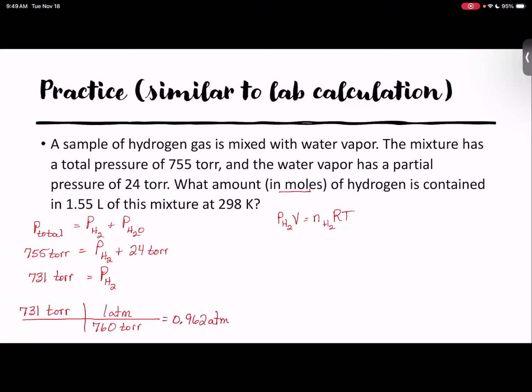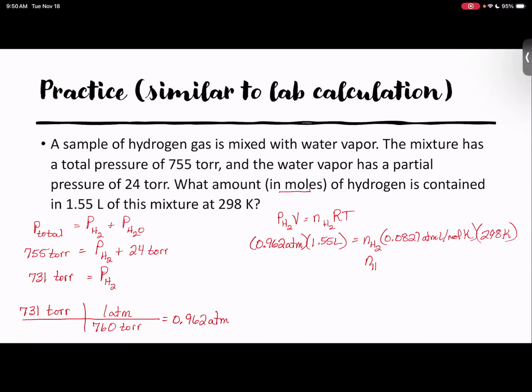I now can use the ideal gas law. My pressure is 0.962 atmospheres times the volume of 1.55 liters is equal to the moles of hydrogen times 0.0821 atmosphere liters per mole Kelvin times the temperature in Kelvin, which is 298 Kelvin.